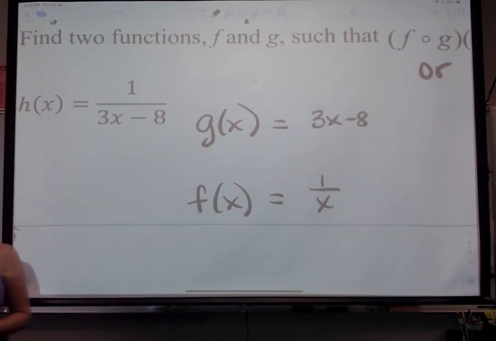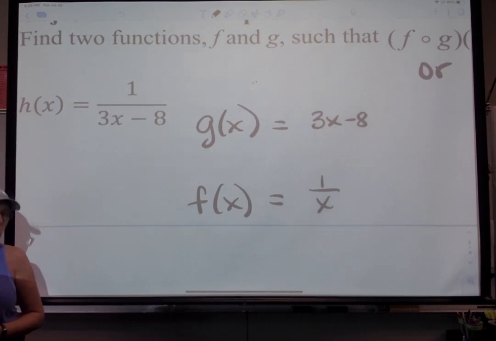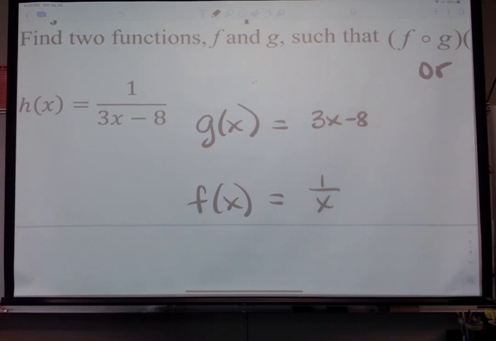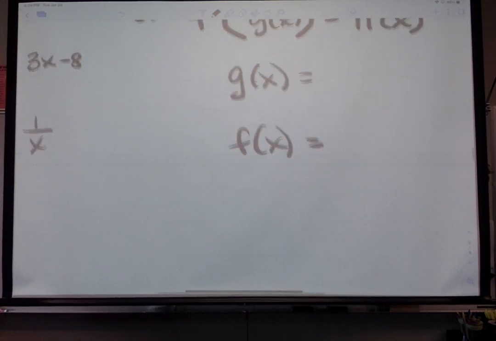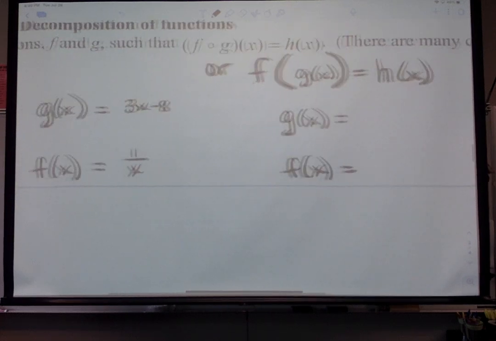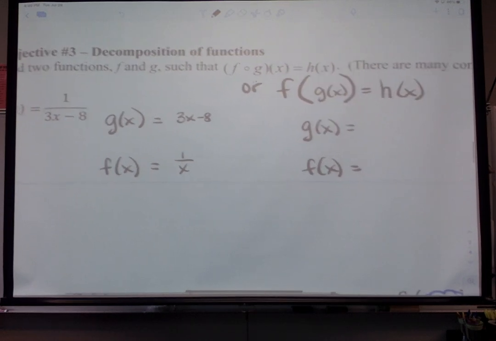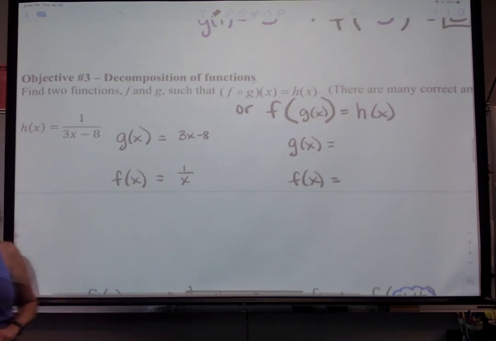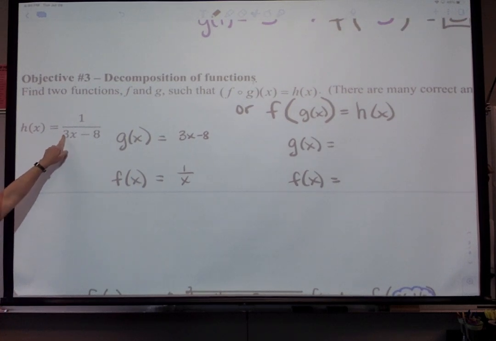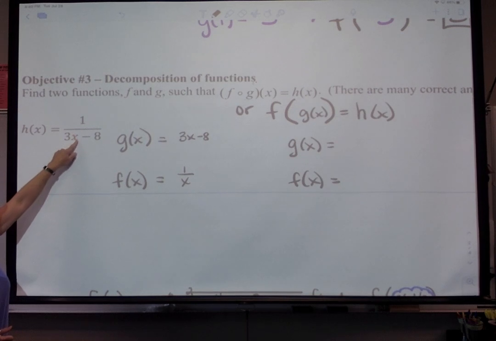Okay? Think about it for a minute. See if you can come up with another option. I think many of you can. And I think some of you are thinking, oh gosh, how can I get that?